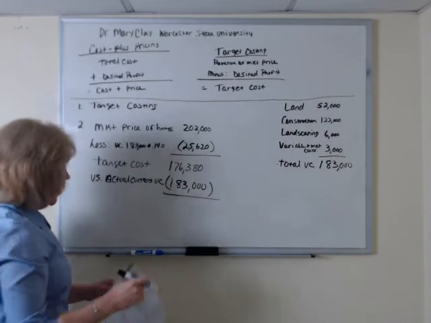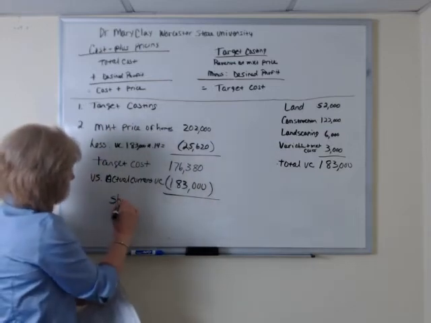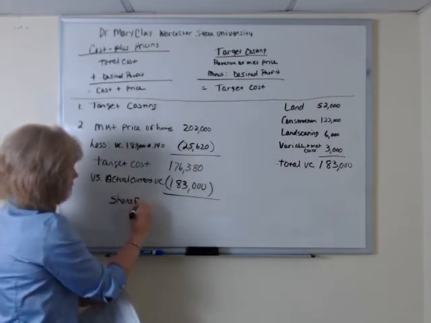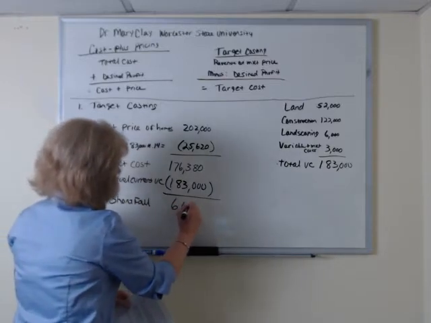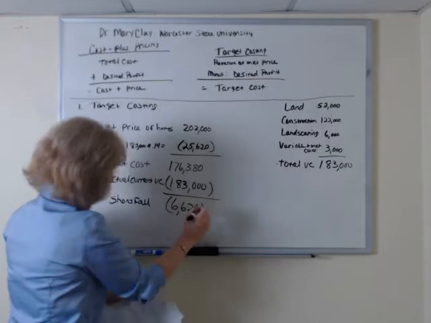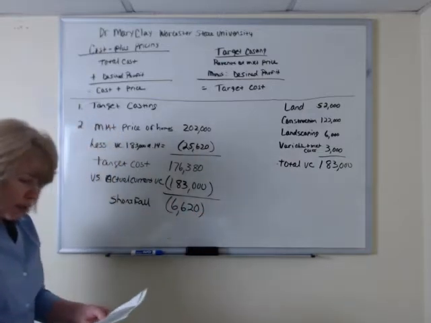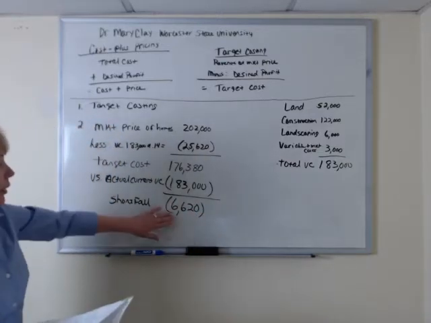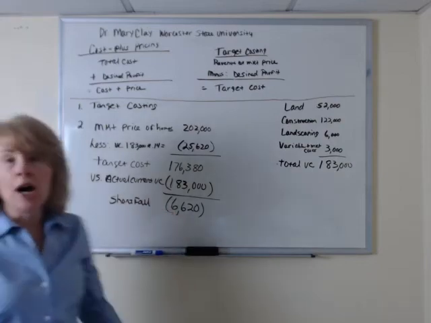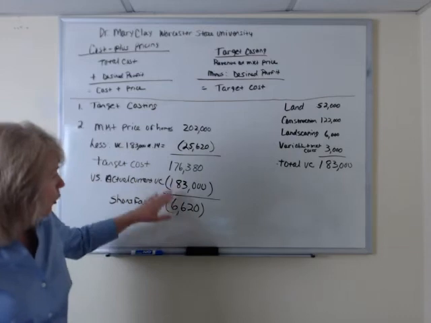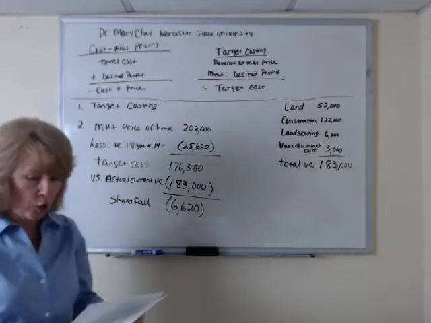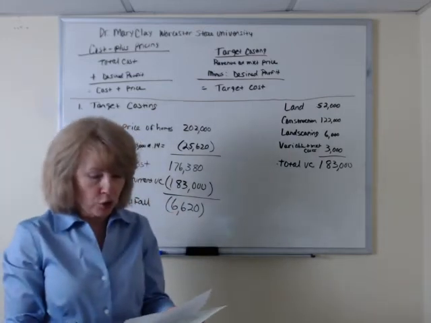Okay, and I have a shortfall, which is a negative number. Okay, so I have a shortfall. All right, so given the current market, it will not be able to achieve its target profit. It will fall short. Okay, so it would not want to do this.